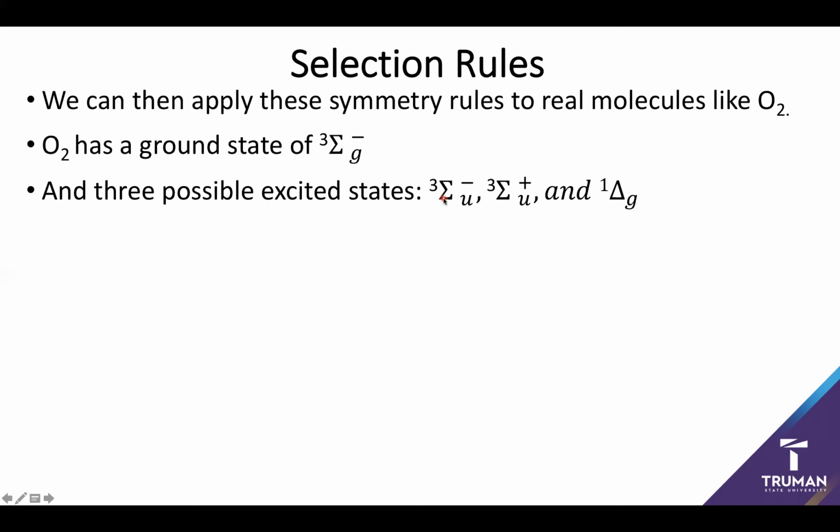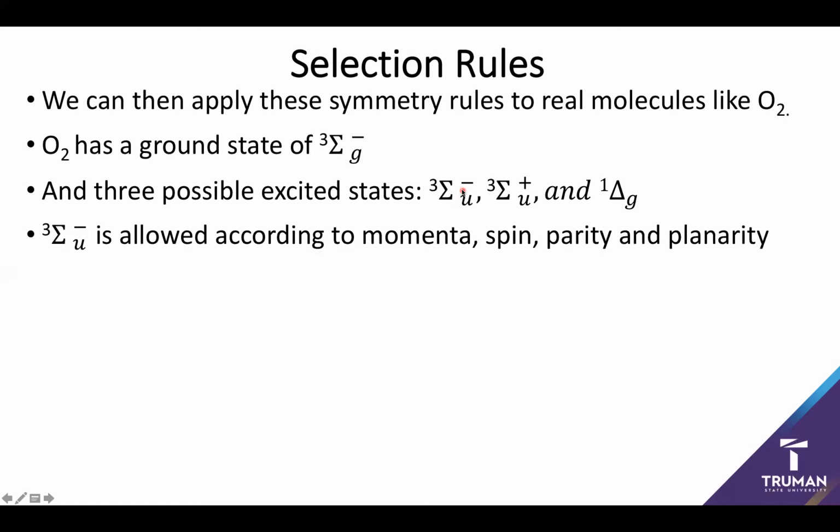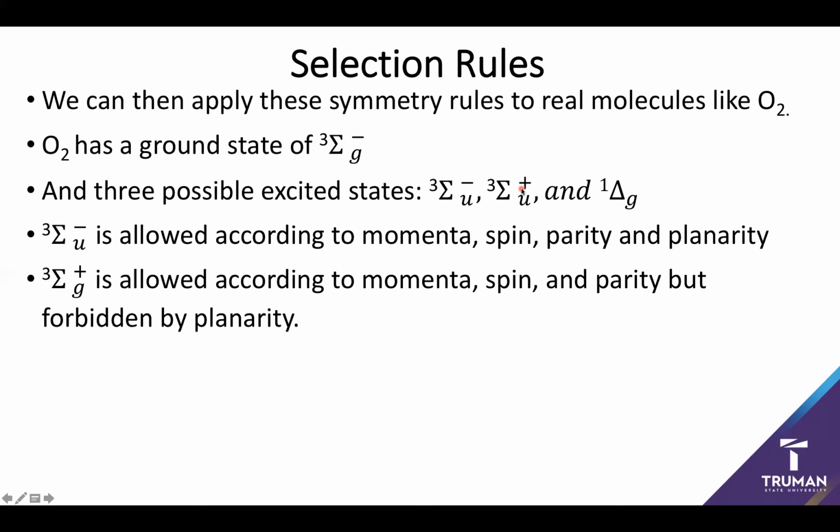So my first system, spin doesn't change, orbital angular momentum doesn't change, inversion symmetry does, but planar symmetry doesn't. Turns out all of those transitions are allowed. If I go to the next system, well, I'm allowed according to spin, angular momentum, and inversion, also known as parity, but planarity says no. So this transition is what's going to be called mildly forbidden.